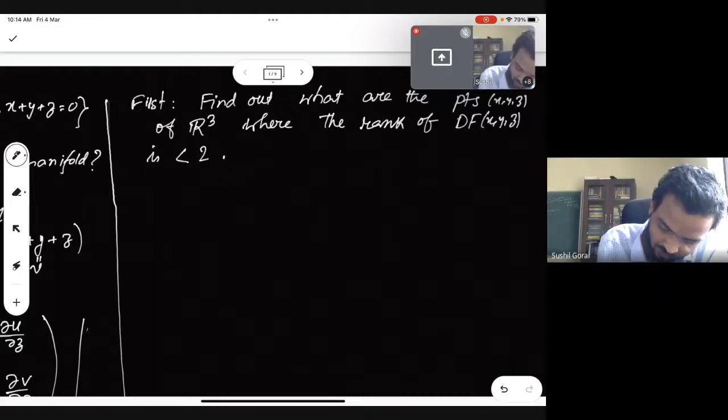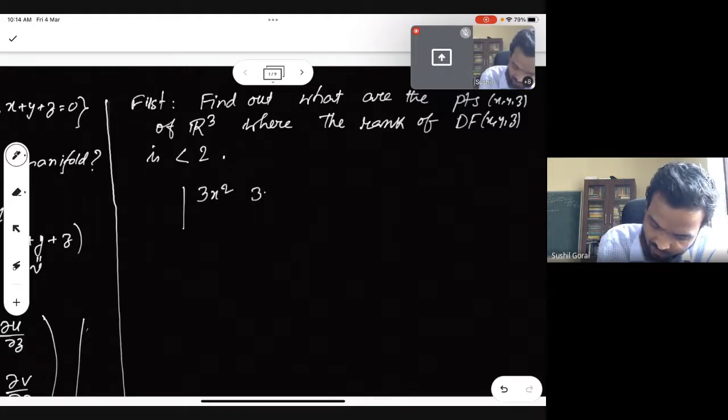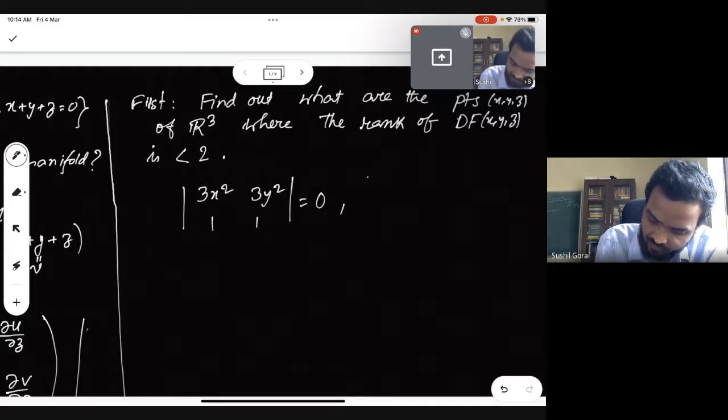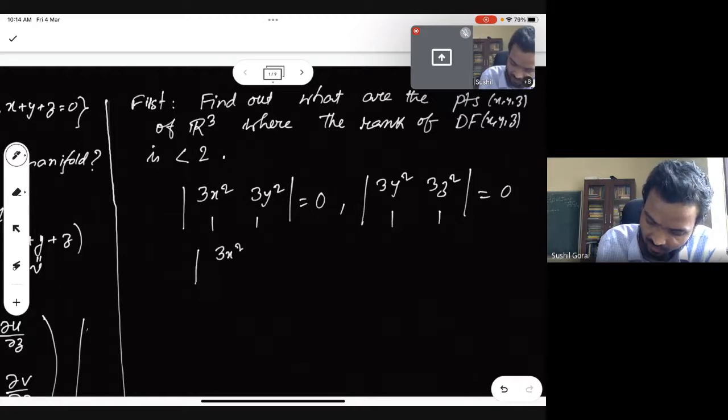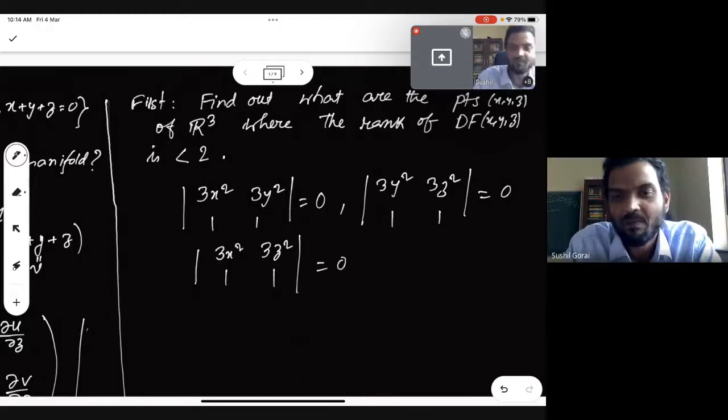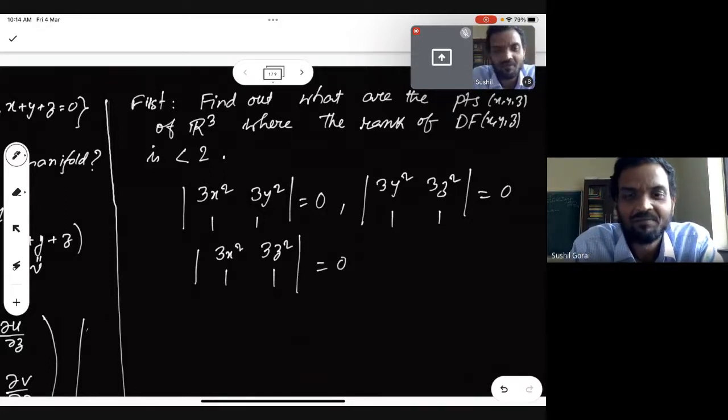Those points are all such (x, y, z) such that the determinants of the 2 by 2 minors are 0: 3x square, 3y square, 1, 1 is 0; 3y square, 3z square, 1, 1 is 0; and 3x square, 3z square, 1, 1 is 0. So what are these points?